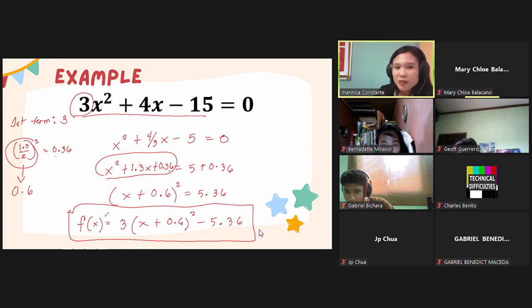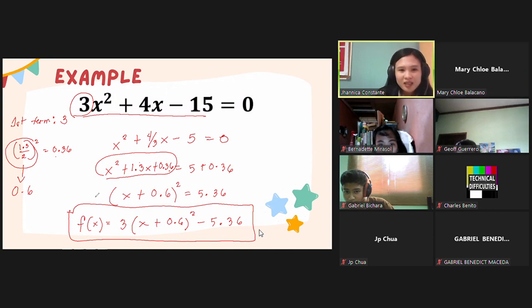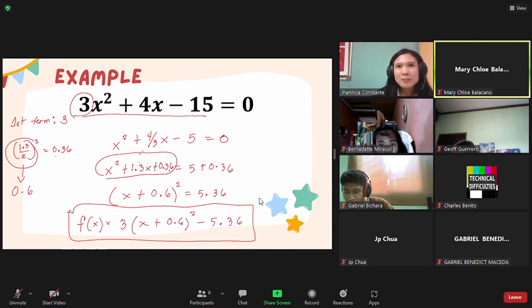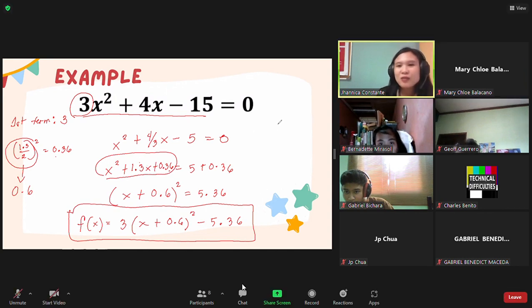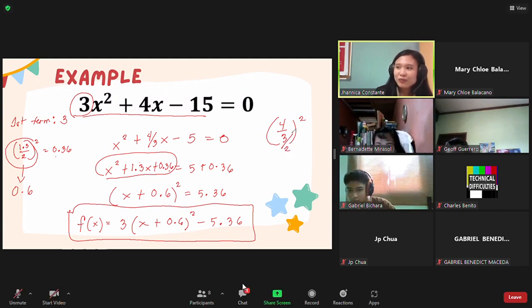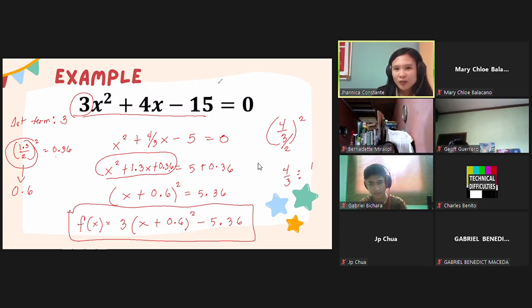How it becomes 4 over 81? 4 over 9? Asan ang 4 over? It becomes 4, not 4 over 9. We use the fraction kasi with this one. We get the half of 4/3. We have 4/3 divided by 2 over 1.